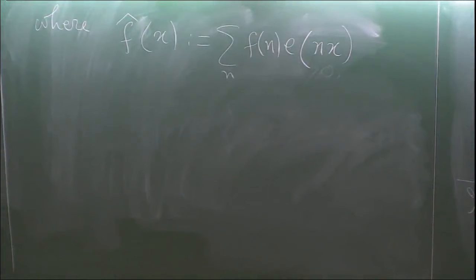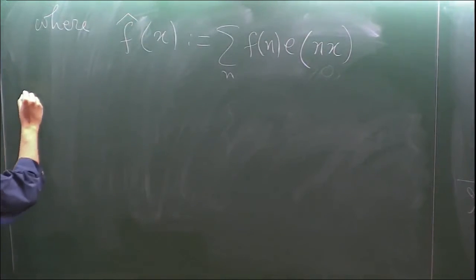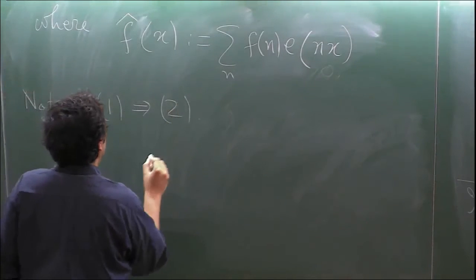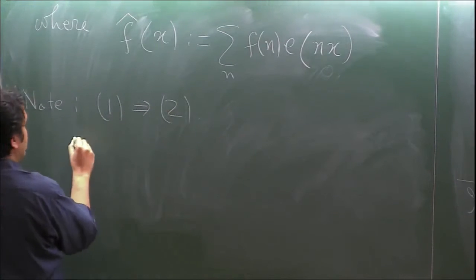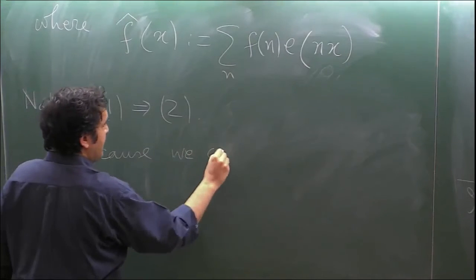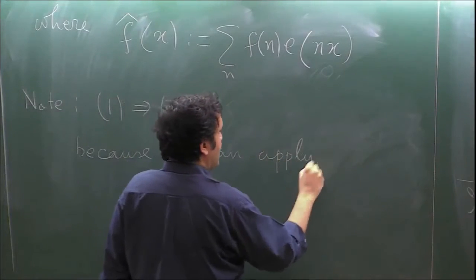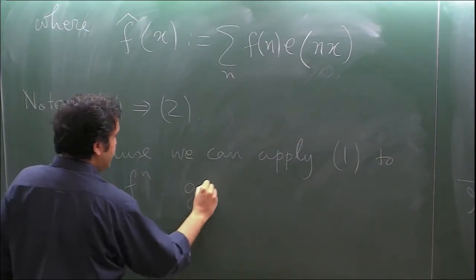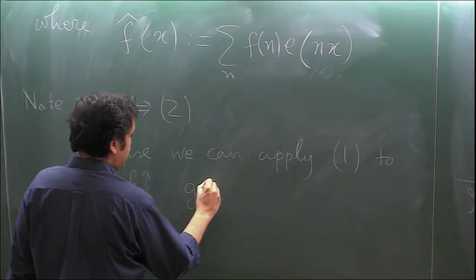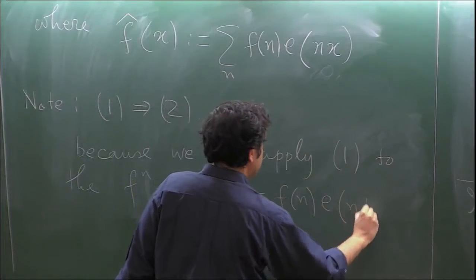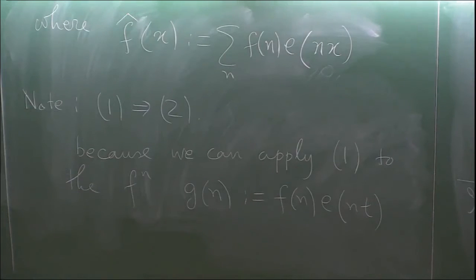Okay, so first let's see that 1 implies 2. That is trivial, so note. Yeah, so this is clear because we can apply 1 to the function g, say, g n, which is f n times e of n t, right?